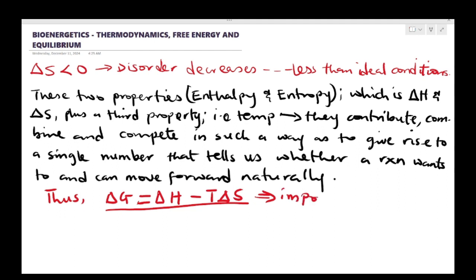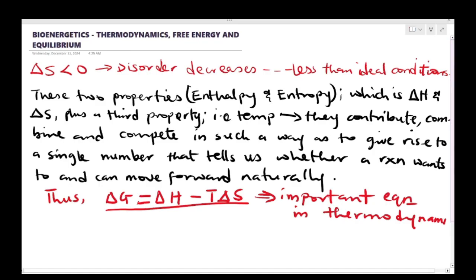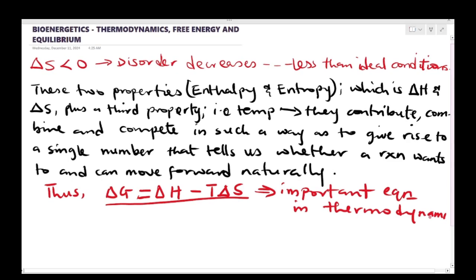A very important equation in thermodynamics. Let me write this word again.